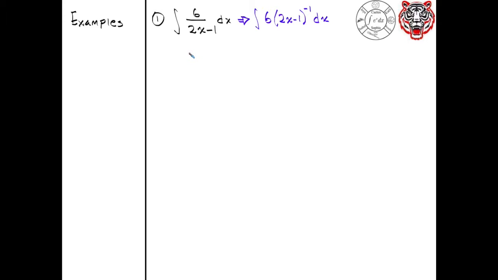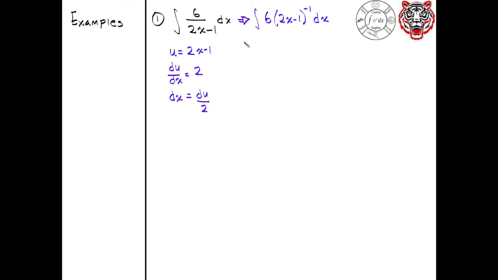I'm going to say u is equal to 2x minus 1, du/dx is equal to 2, and that means our dx is going to equal du divided by 2.